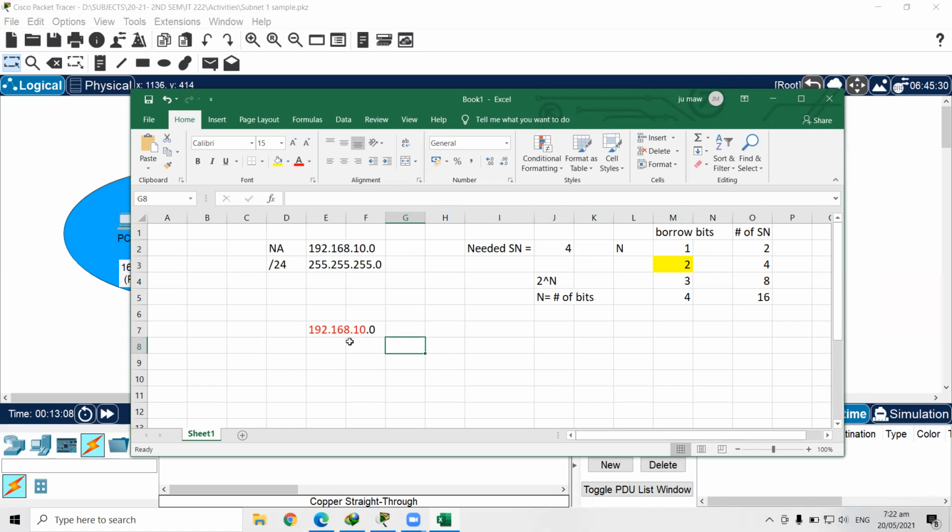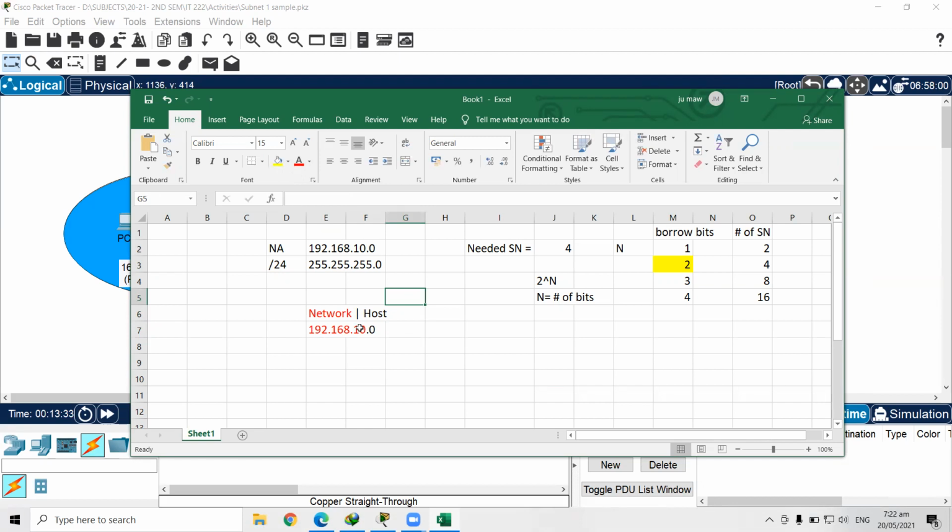Next is identify na natin kung saan yung subnet, yung network at saka yung host. Yung naka-red, that is the network portion.